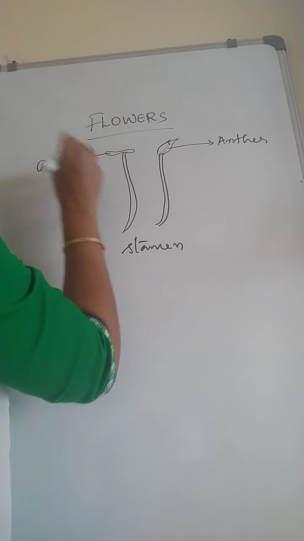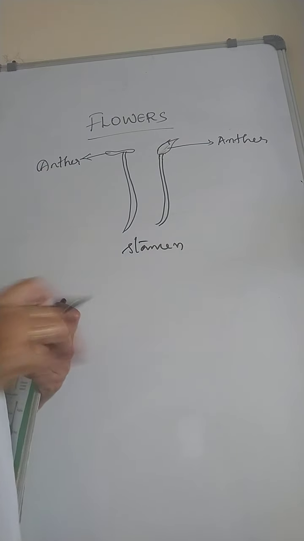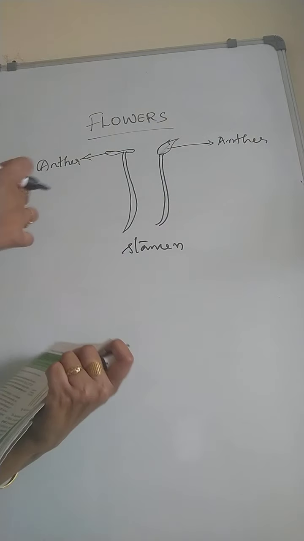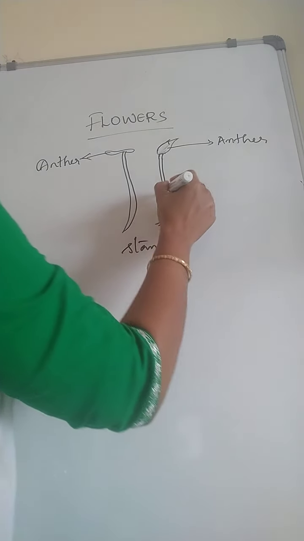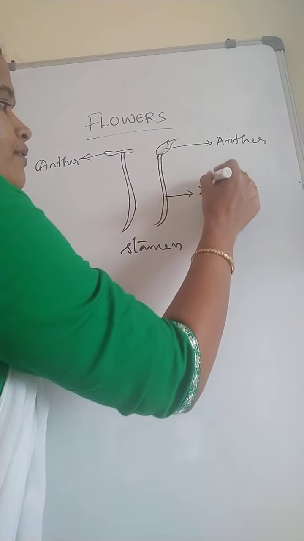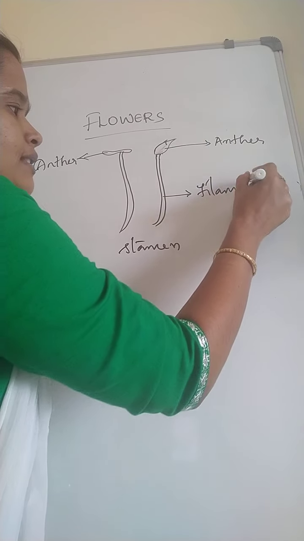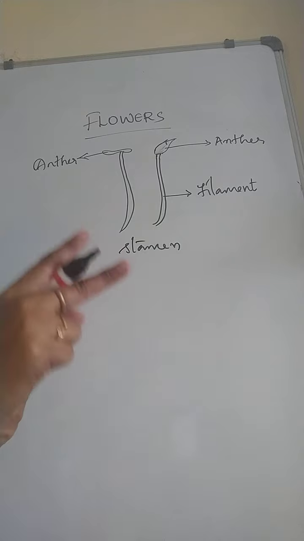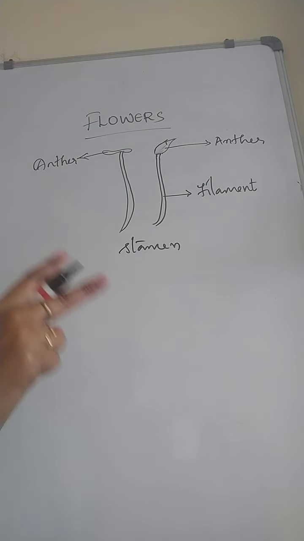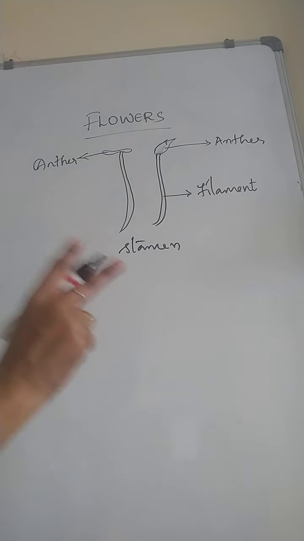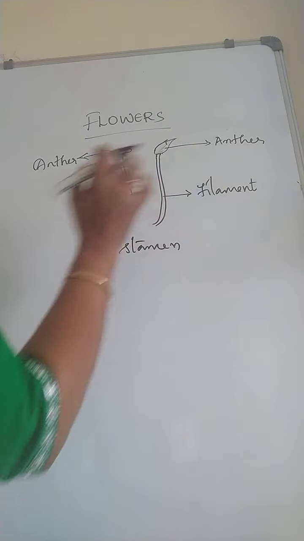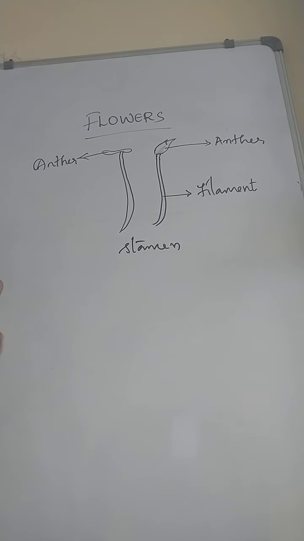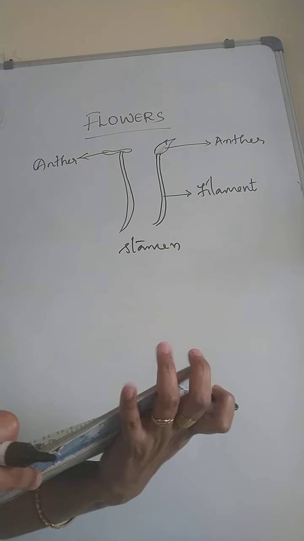That means the bud-like structure at the tip of the stamen is called anther, and this tube-like structure is called filament. Here this is also filament. So these are the two parts in the stamen: anther and filament.